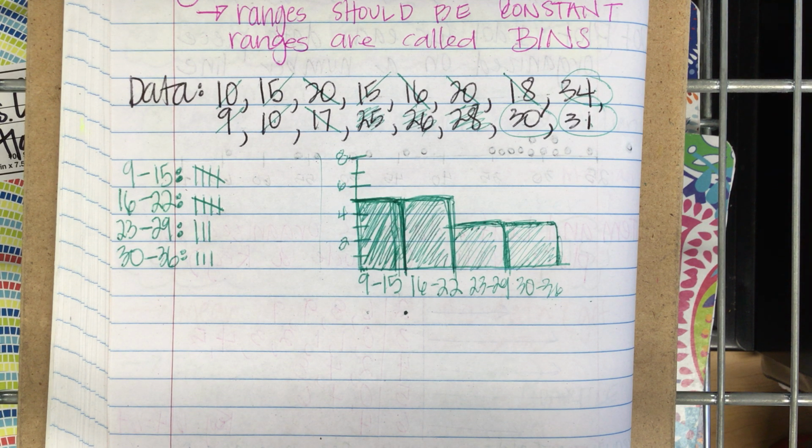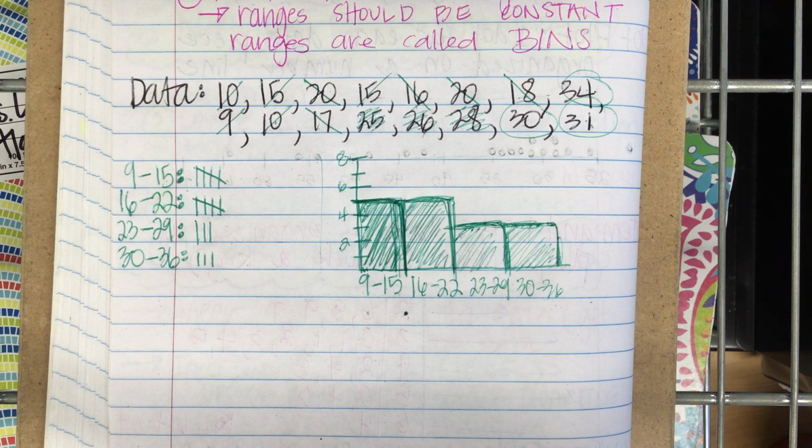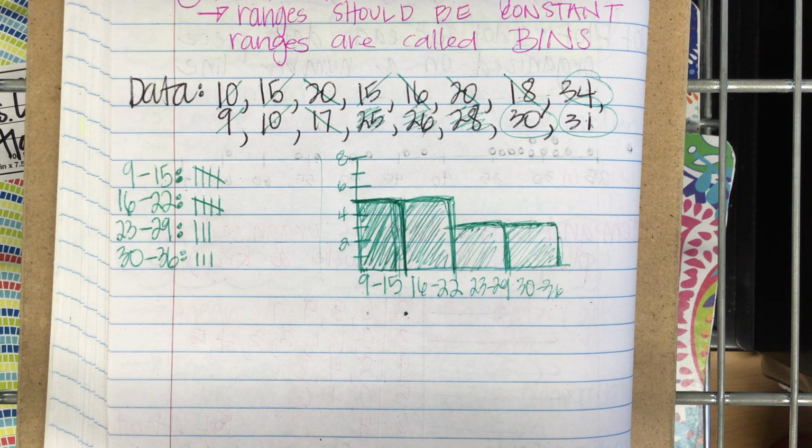The downside of a histogram, if you did not have the data, you just had the histogram, and I said, what's the maximum data piece? You don't know what the maximum number is. You don't know specific data. You know that the maximum lives within the range of 30 to 36, but you don't know specific data. If I say, what's the number that occurs the most?